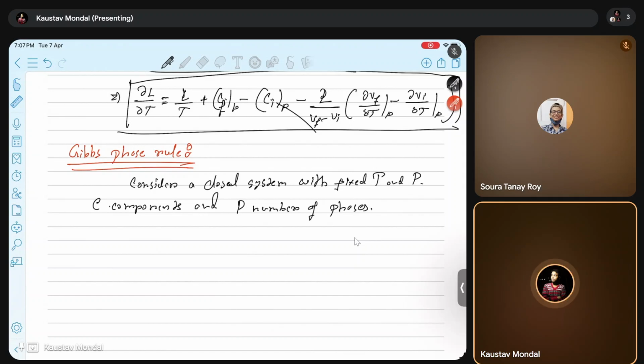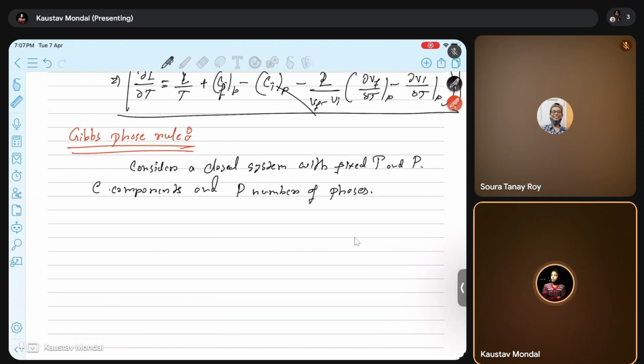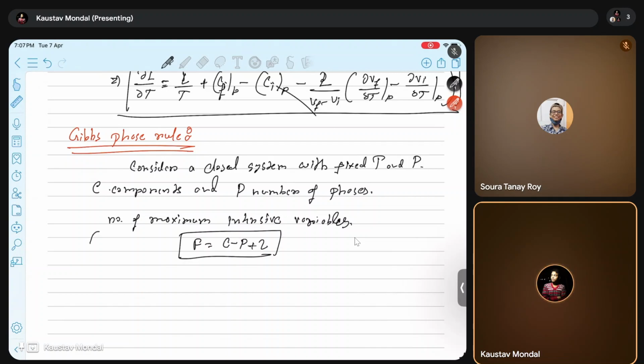In that case, the maximum number of intensive variables is given by F equal to C minus P plus 2. This is the Gibbs phase rule.